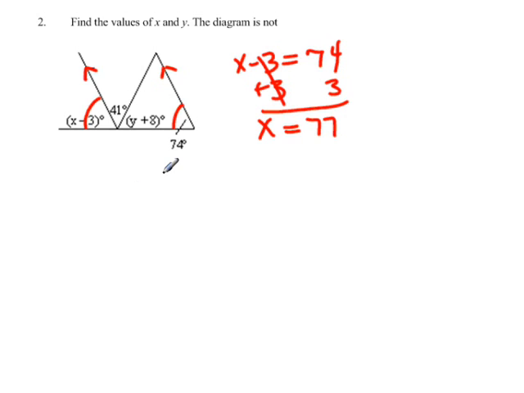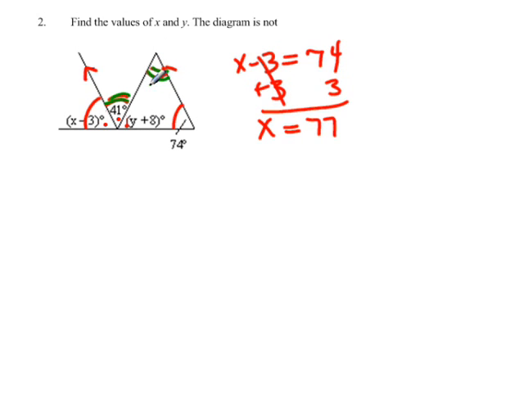Now there's a couple of ways that we can also solve this one. We can look at it and notice that these 3 angles form a line. We can also use the fact that we have parallel lines and alternate interior angles are congruent. So I know this angle and this angle are congruent to each other.